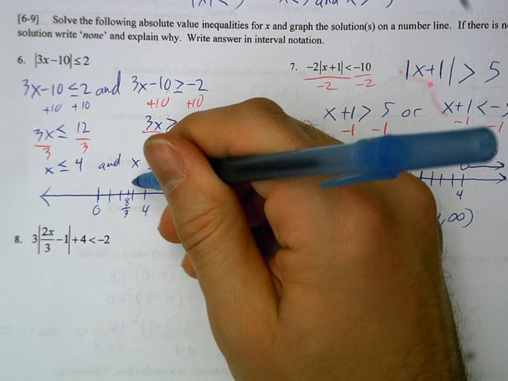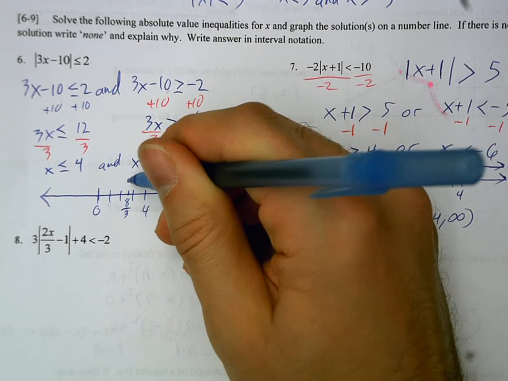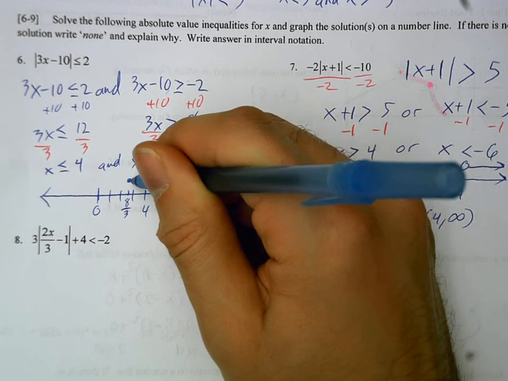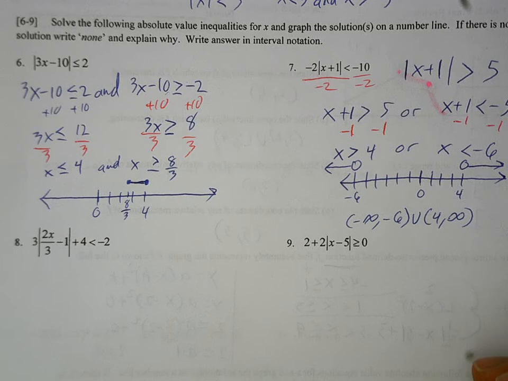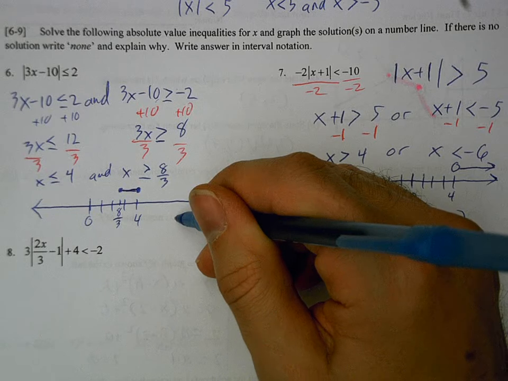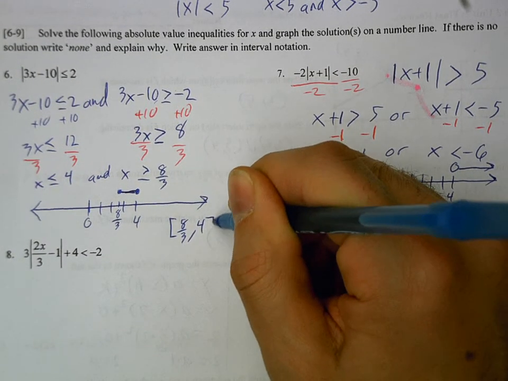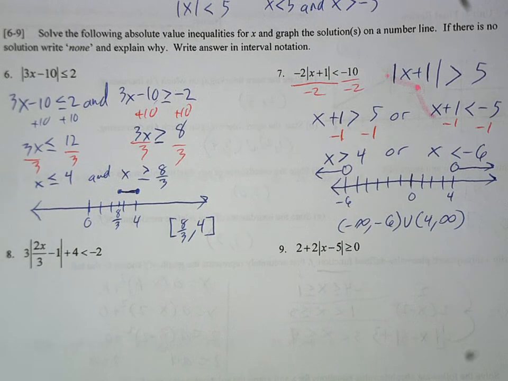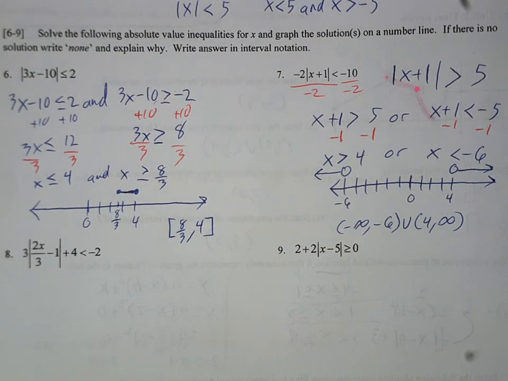So I've got a point here less than 4, point here greater than 8/3, and that would be my answer on the graph, just that little section between 8/3 and 4, which means my interval notation is 8/3 to 4 with square brackets because of the or equal to signs. Square brackets means include those endpoints, which is why they're filled in instead of open circles. Any questions on 6 and 7?